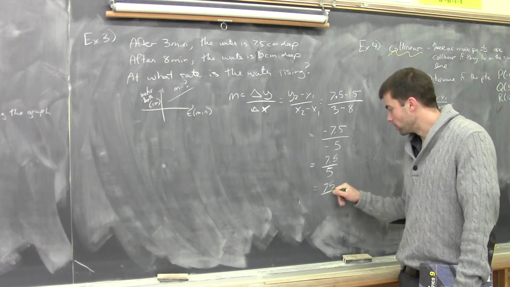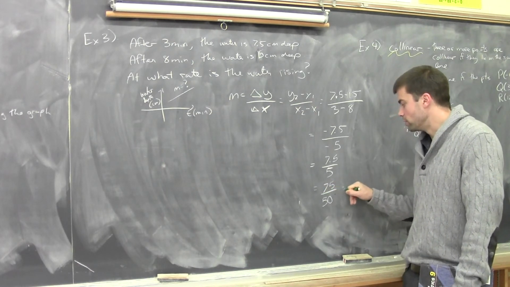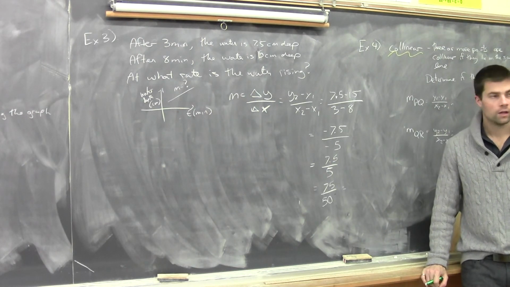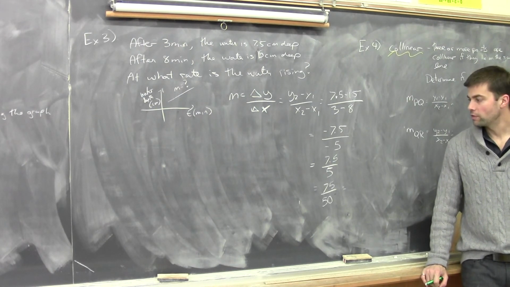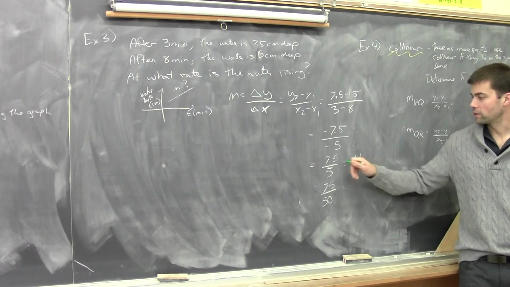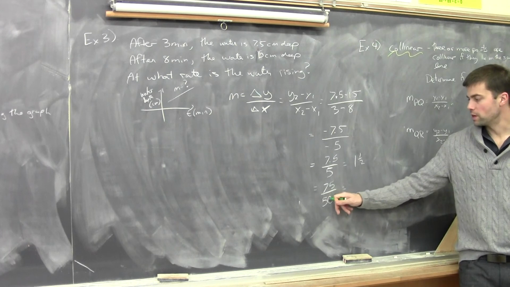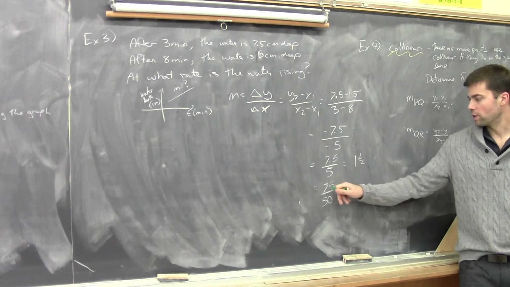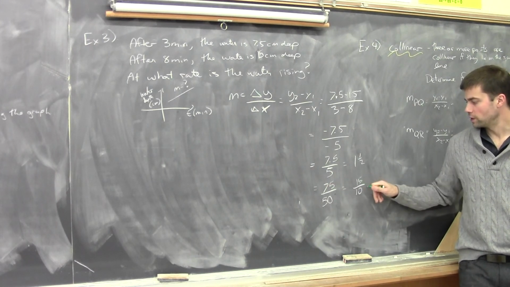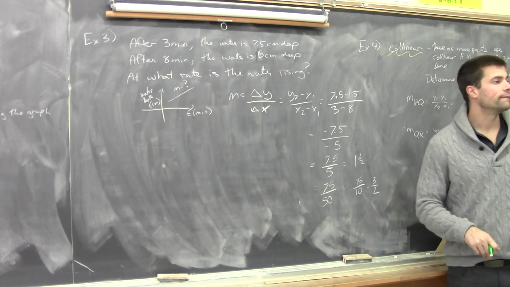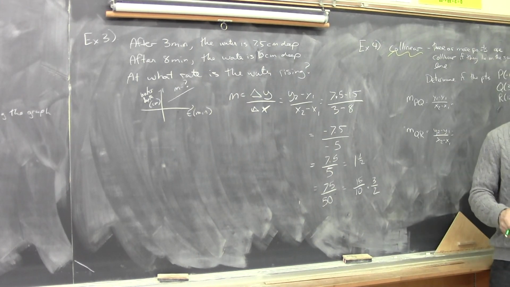It's a little bit long, but yes, 75 over 50, now I have to reduce this. Can it be 1.5? Yeah, you're right, it is 1.5. But you have to be able to do it this way to get marks. This ends up being divided by 5. This is 10 divided by 5, this is 15 divided by 5, and this is 3 over 2.